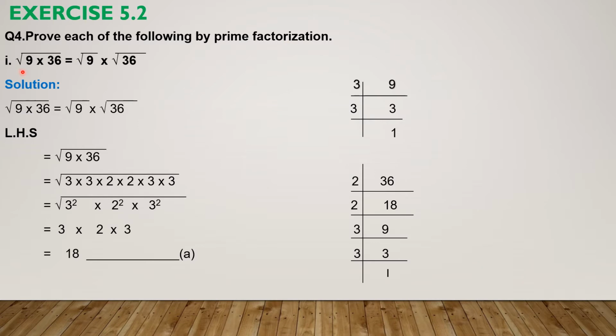Part number 1 is: the square root of 9 multiplied by 36 is equal to the square root of 9 multiplied by the square root of 36.